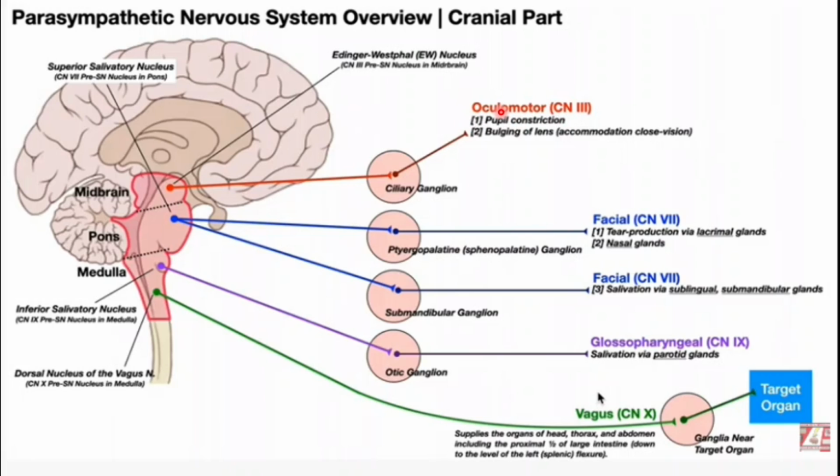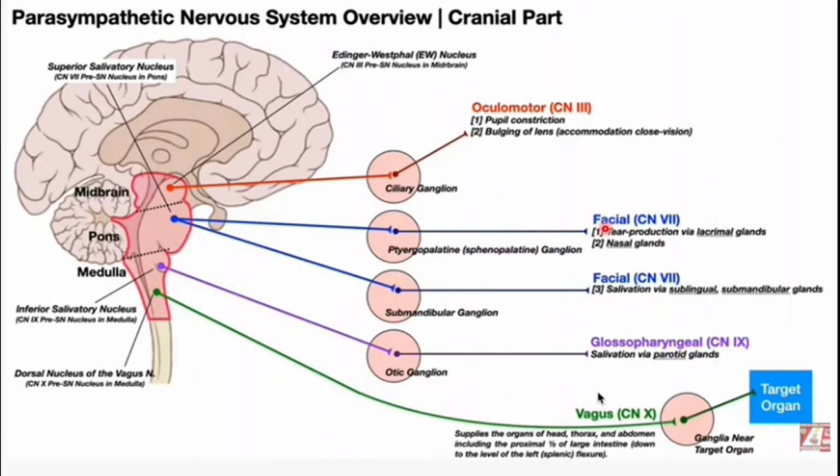The oculomotor nerve with a parasympathetic fiber has its nucleus residing in the midbrain, and this nucleus is known as the Edinger-Westphal nucleus. So the Edinger-Westphal nucleus is the oculomotor nerve nucleus with the parasympathetic fiber.